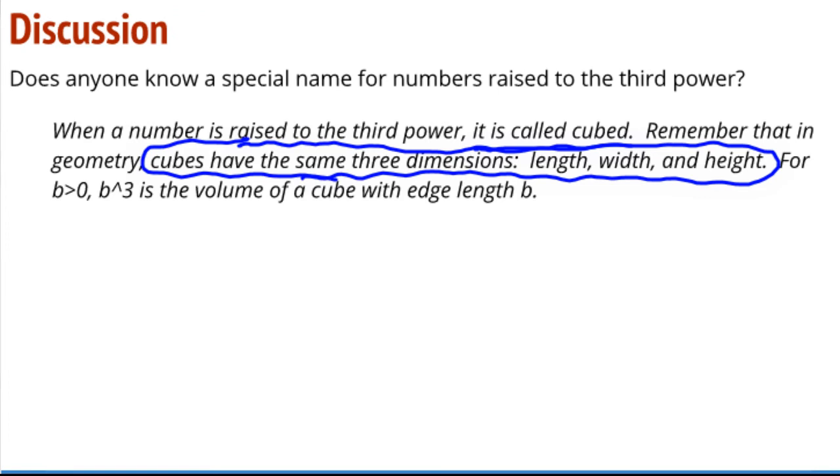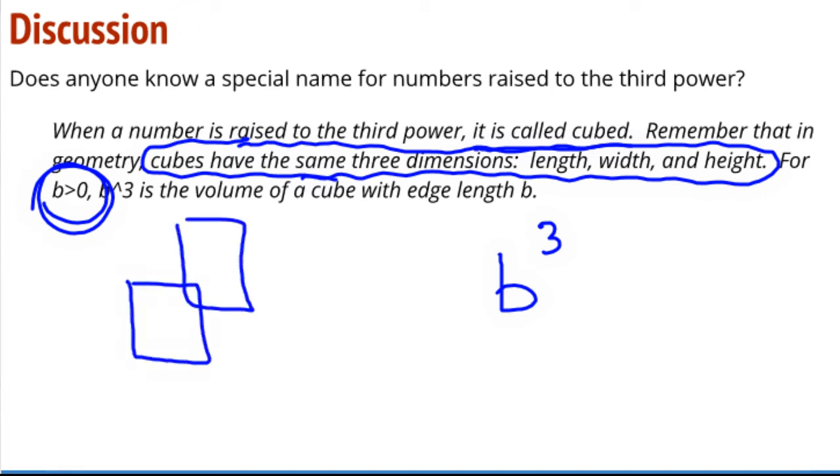So for a cube, to find the volume of the cube, we would take the length, width, and height, and we would raise it to the third power. Remember, cubes, all the faces are exactly the same size. They're squares. So the length, width, and height are the same.